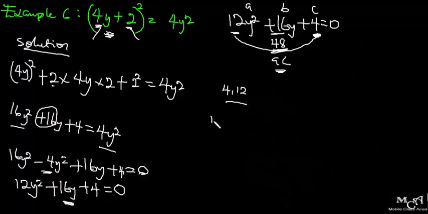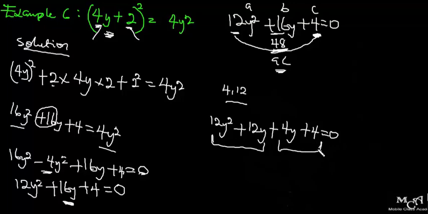Let's do that. We have 12y squared plus 12y plus 4y plus 4 equals 0. What are we going to do from here? We are going to group. So we have two groups. In the first group, what is a common factor here? The common factor we can see is 12y.